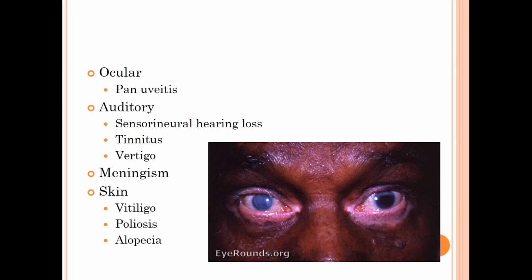So the ocular manifestations are in the form of uveitis leading to retinal degeneration, and auditory in the form of sensorineural hearing loss and vestibular symptoms like tinnitus and vertigo, meningism, and skin manifestations with vitiligo, poliosis and alopecia.